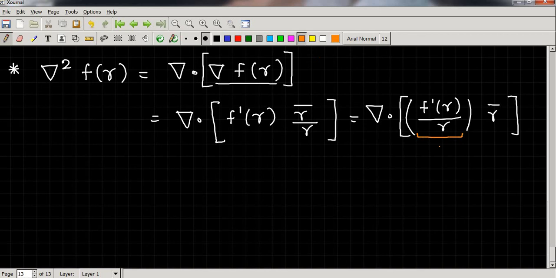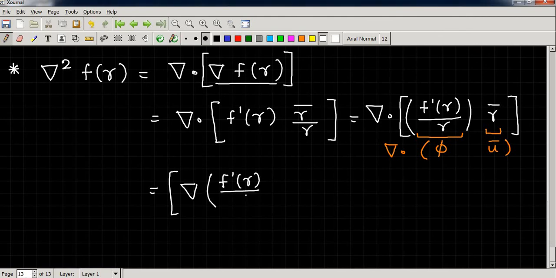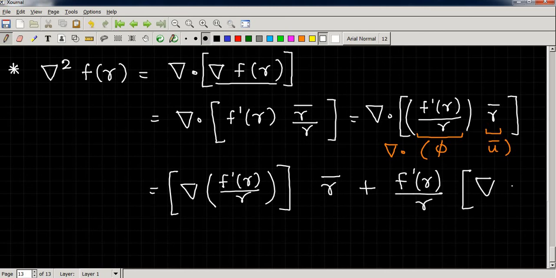So we call this scalar function phi and this vector function u bar, and we operate that vector identity formula. That is, we operate del on the scalar function first, treating the vector quantity as it is, plus phi into del operated on the vector function. Since it is a scalar product, we put a dot in between the two vectors.